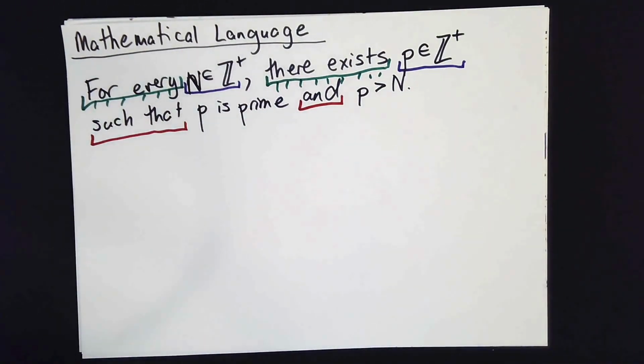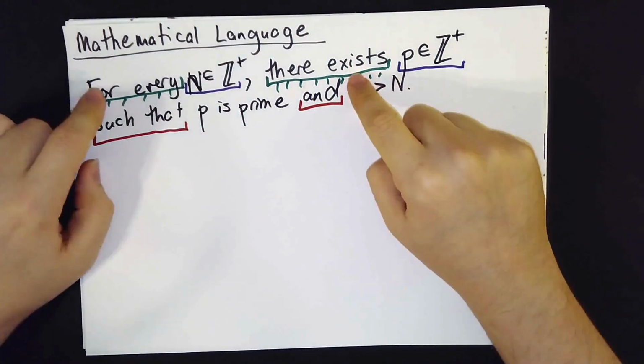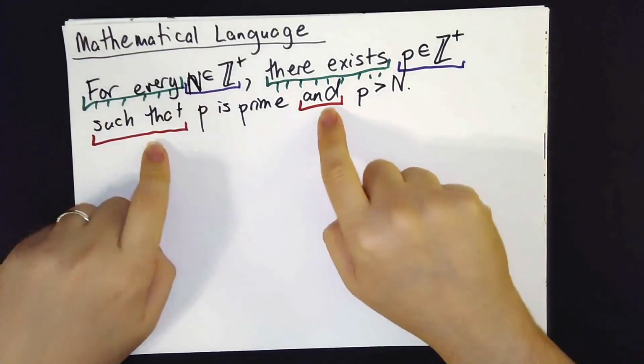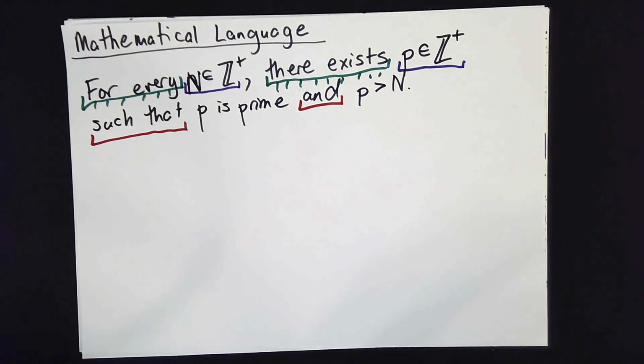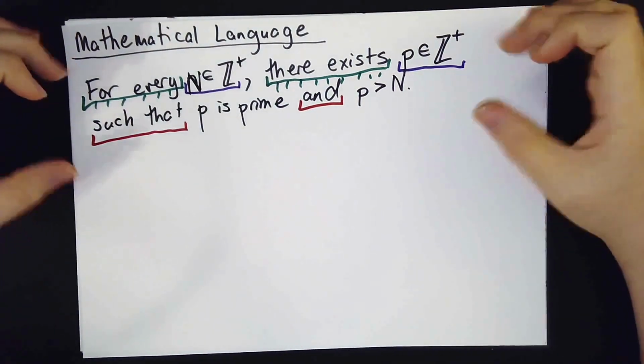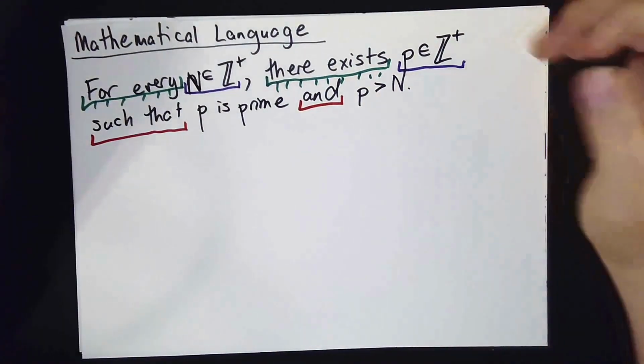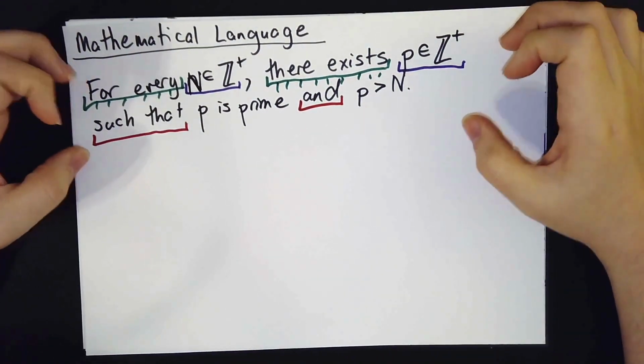And all three of these pieces, the quantifiers, the sets, and these connecting words, these are things that aren't really related directly to the mathematical content of this statement. These are really just the logical connectors for this.